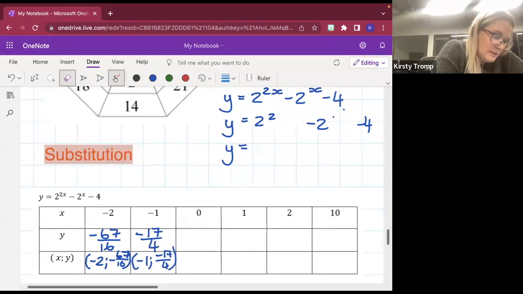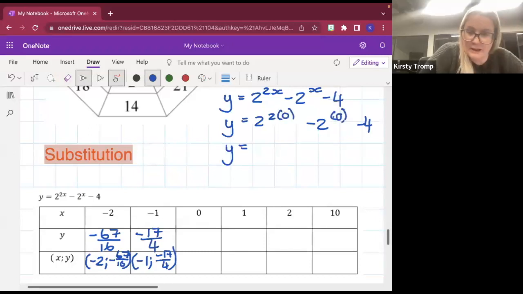My next one is 0. So go put that into your calculator. What do we get? We get negative 4. So my answer is 0 and negative 4.